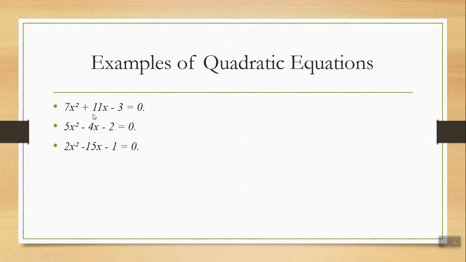This is the standard or the general form. First x square, then x, and the last one is constant and equals to 0. Same in the second example, 5x square minus 4x minus 2 equals to 0, and 2x square minus 15x minus 1 equals to 0. So in this way you can make many more different types of quadratic equations.